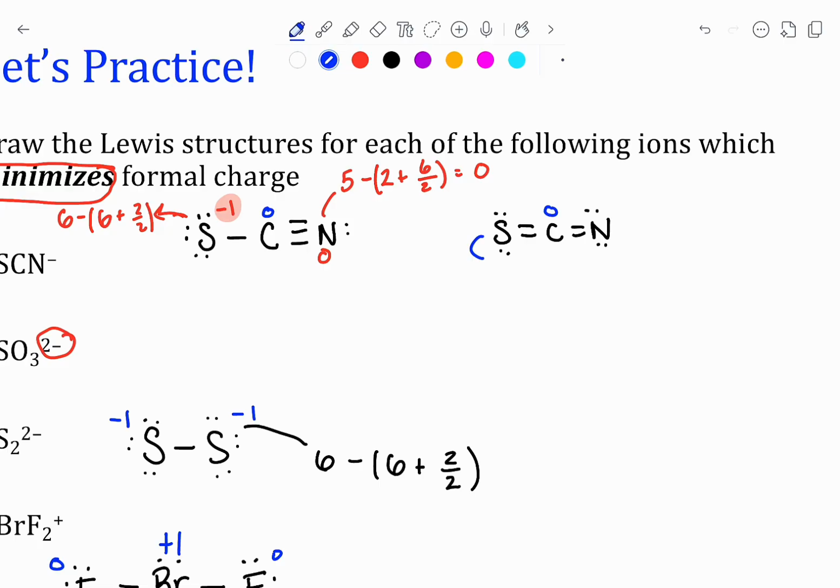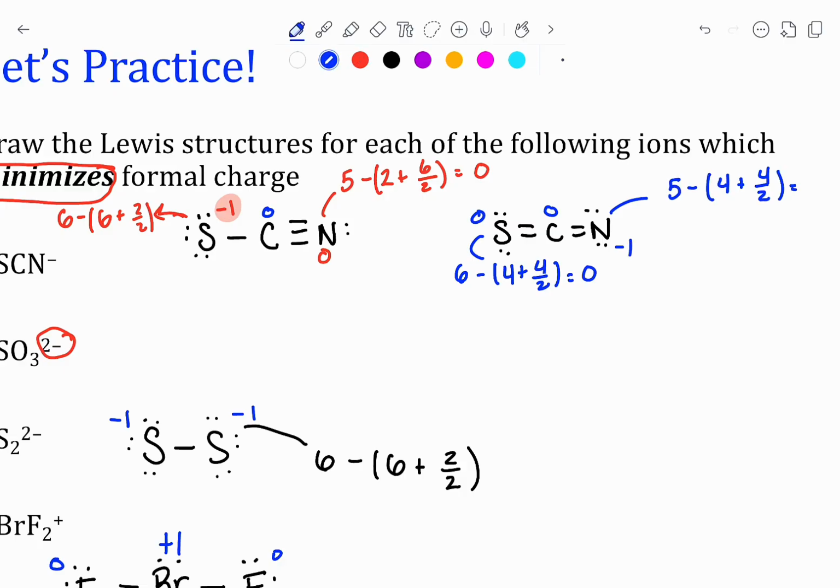So here, for sulfur, I have 6 valence electrons, 4 lone pairs, sorry, that should be 4 electrons in lone pairs and 4 in bonds divided by 2, for a formal charge of 0. And then my nitrogen has 5 valence, 4 electrons in lone pairs, 4 electrons in bonds divided by 2, for a formal charge of -1.